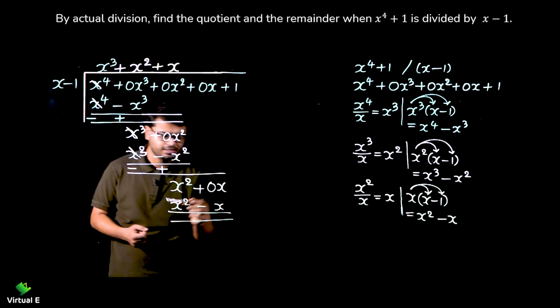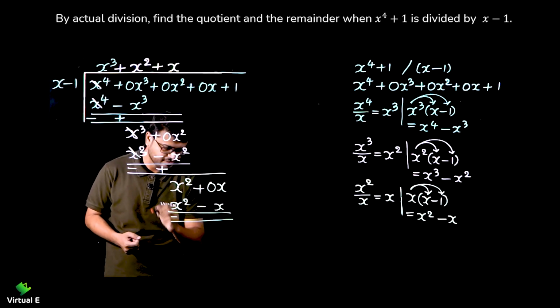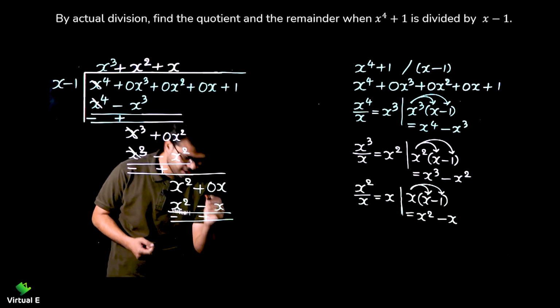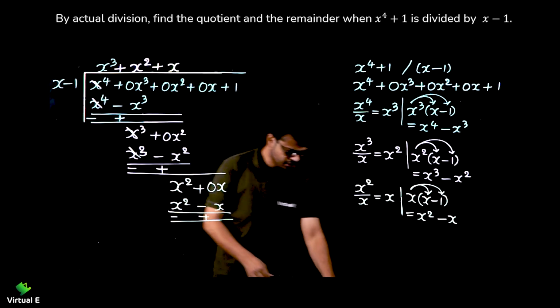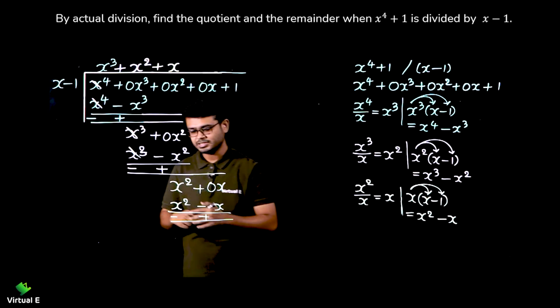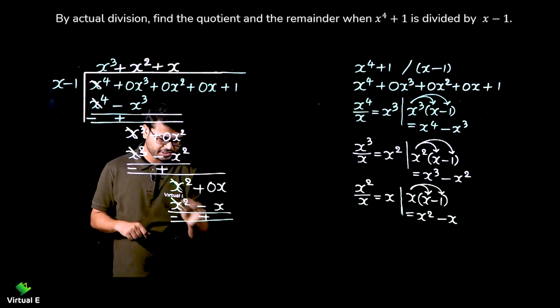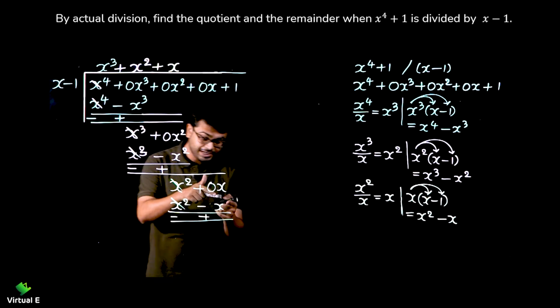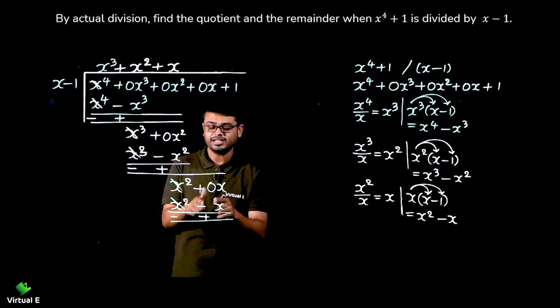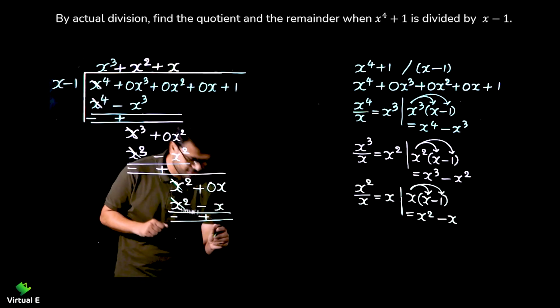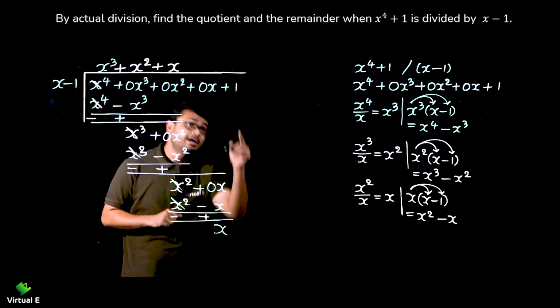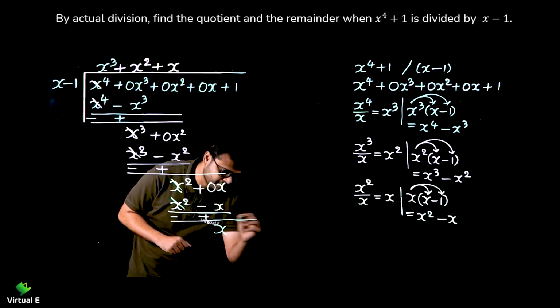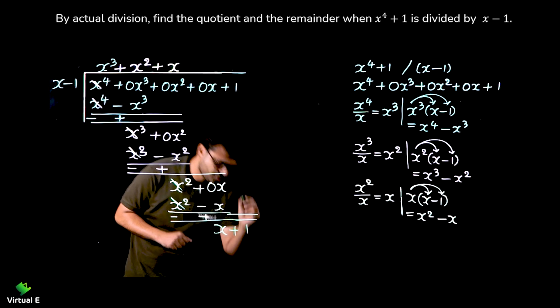Let's change their sign. Positive will become negative and negative will become positive. Now let's do simplification. x square and x square gone, plus 0x and plus x. Remember, don't get confused with the old sign. So here only x, and let's bring down the 1. So that is plus 1.